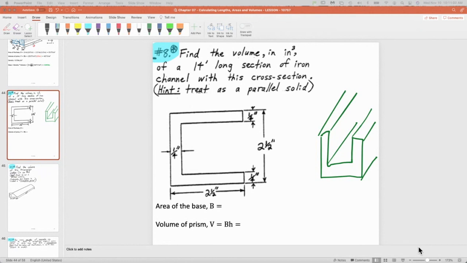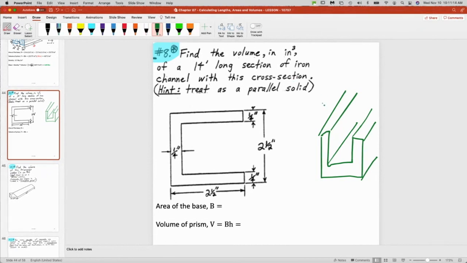Then we're given the length of the channel, which in this case is 14 feet, and that would be like the height. So this here is going to be 14 feet, as it extends out. I've not drawn the best picture, but hopefully you can see the perspective in the diagram.